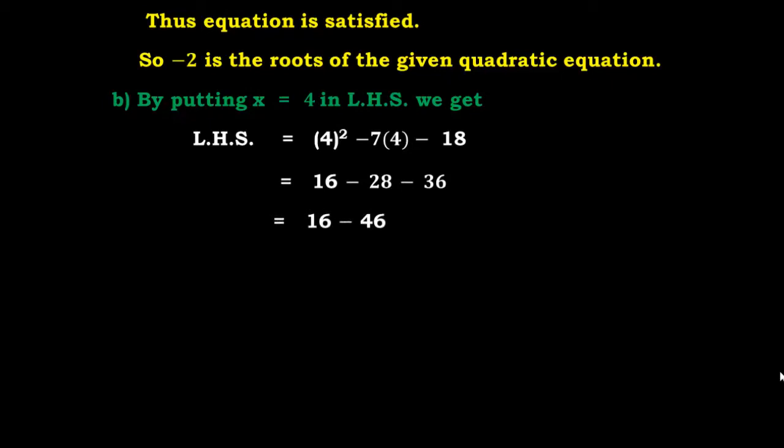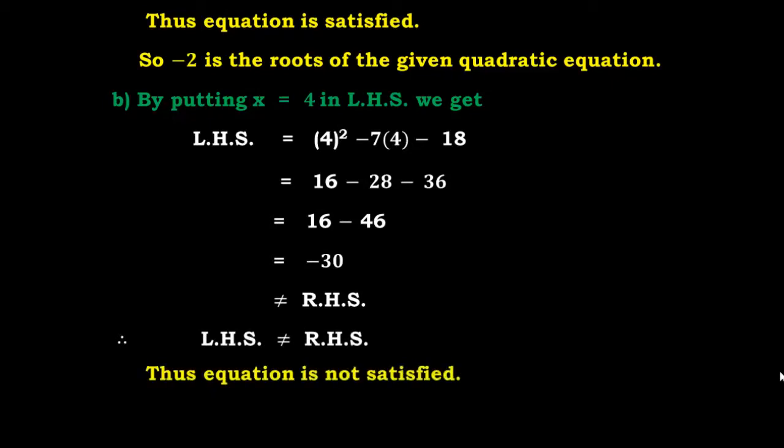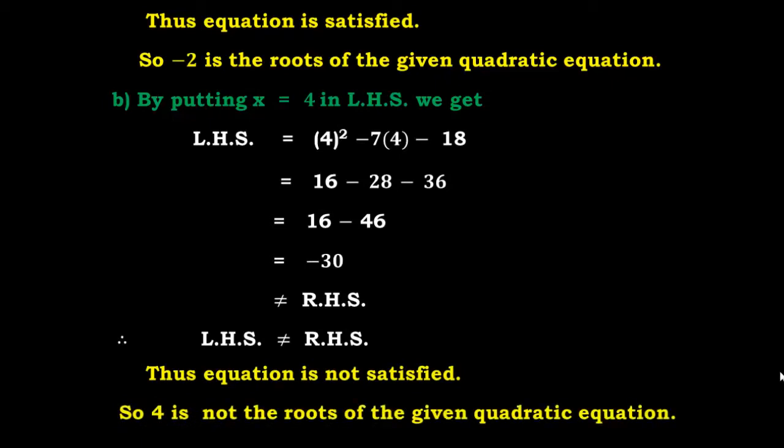So we have 16 minus 46, that is minus 30, which is not equal to RHS. Thus LHS is not equal to RHS. Equation is not satisfied. So 4 is not a root of the given quadratic equation.